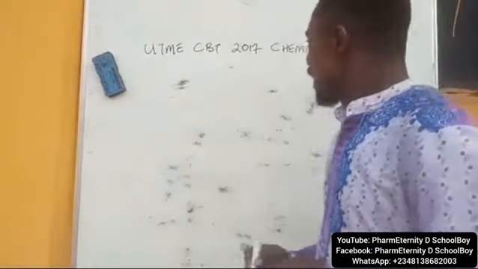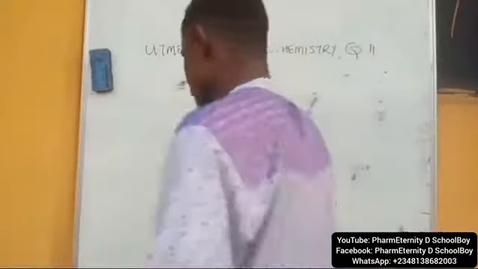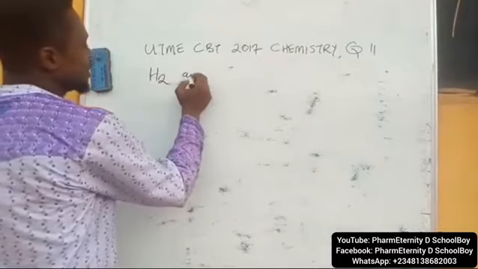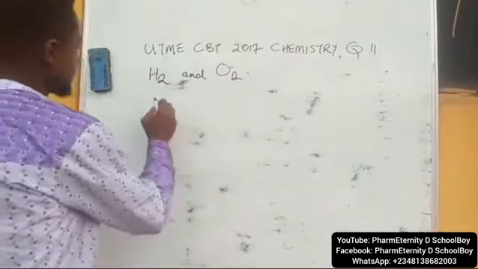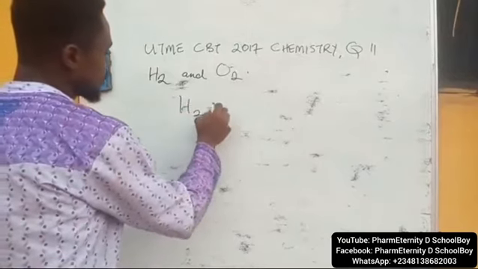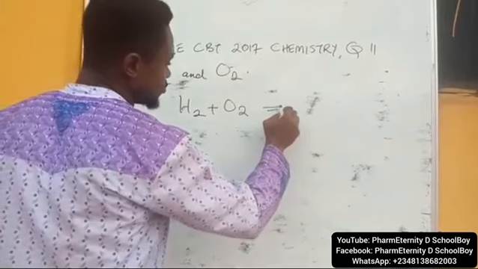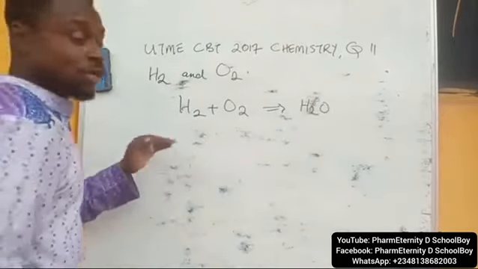Now, let me explain this using the question. The two gases in this question are hydrogen and what? Oxygen. So hydrogen combined with oxygen will yield what? Water. But this equation is not balanced.